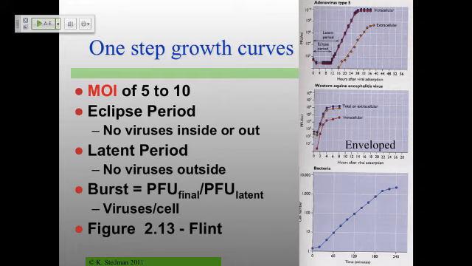And so that process is telling you that you've got a virus which is forming inside the cell. Usually these are going to be non-enveloped viruses, because most enveloped viruses are picking up their lipid on the outside of the cell. And you can tell that by just looking at this assay here.